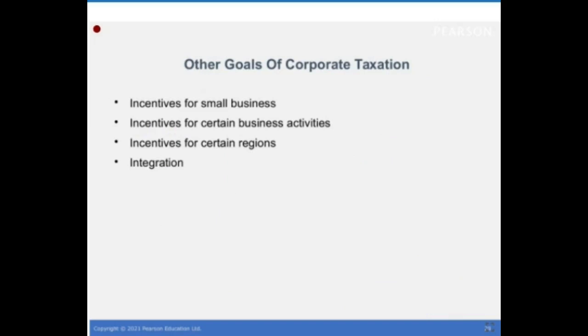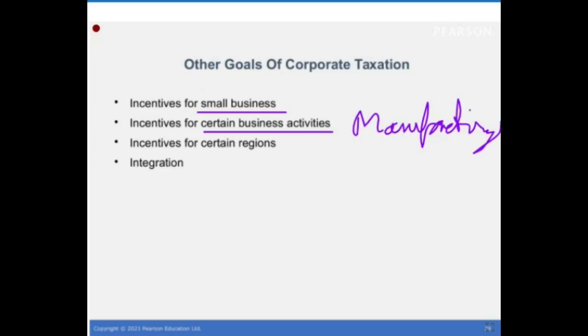So we've kind of learned along the way that there are special incentives built into our tax act. These incentives for corporate tax focus around small business. They focus around certain business activities. So that could be, historically, let's use this example, something like manufacturing.